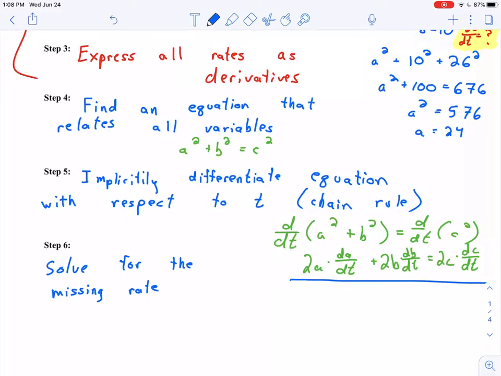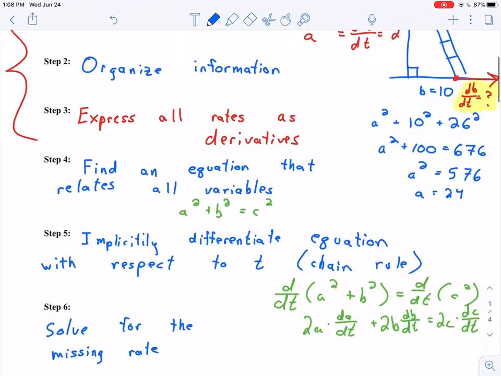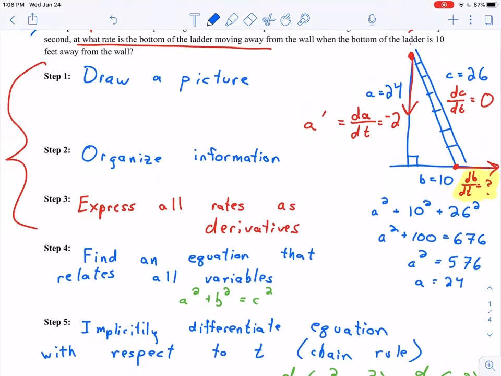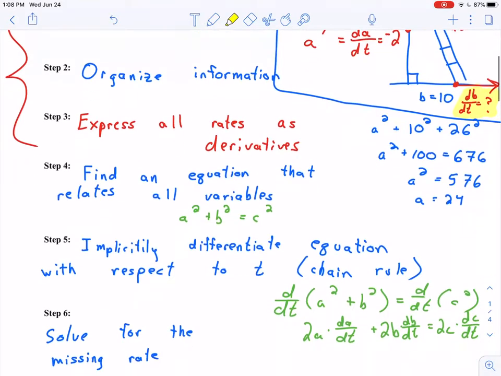And if you organize your information well, and this is why I think this step is so critical, look at this. All of our information is very clearly laid out right there. So I just need to take A equals 24, plug that in. C equals 26. dA dt equals negative 2. I have all of this information. I'm just going to plug it into my derivative.